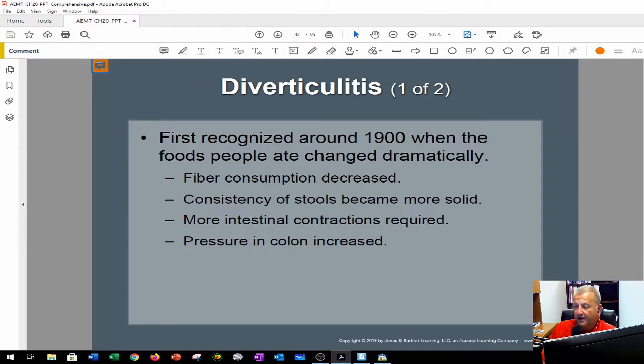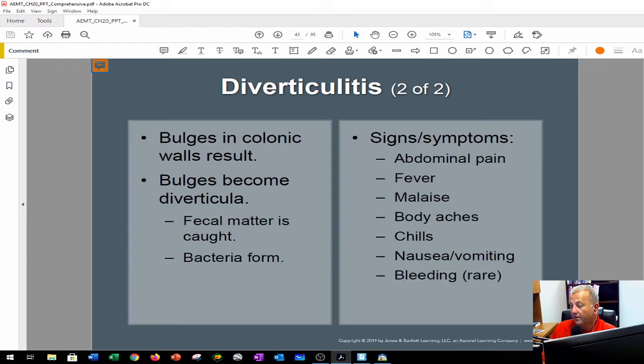Sometimes you can associate this with constipation. So the main symptom here is abdominal pain, and it usually is left-sided abdominal pain, usually left lower quadrant abdominal pain.